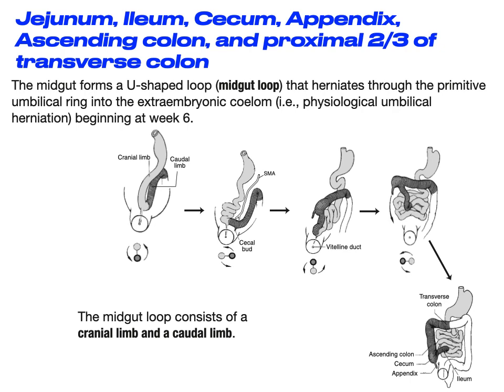We'll see that in the next two slides. This herniation is called physiologic, meaning that it is a natural herniation that will disappear when the abdominal cavity grows enough to provide room for all the abdominal viscera, and that happens around week number 11.